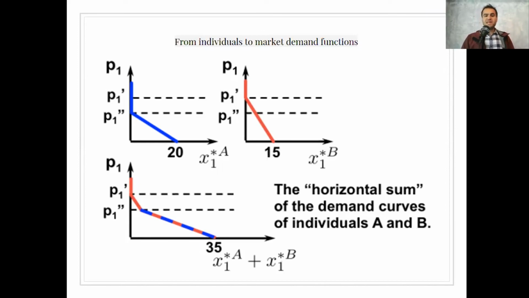So the aggregated demand is the horizontal sum, because you're literally summing the units of both customers. See how at price zero, the aggregated demand is just the sum of the demand of person A and person B: 20 plus 15 equals 35.